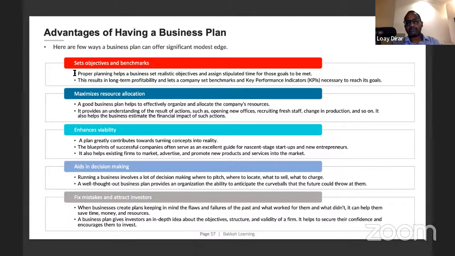Number one is to set the objectives and benchmarks, compared with other competitors in the market. This is one of the easiest ways, though it's not that easy yet, but you need to compare your business with other competitors in the market.